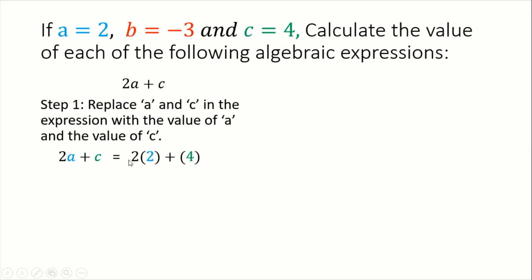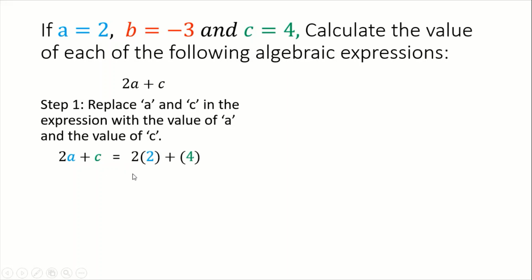So you start off with your 2. Instead of writing back A, you're going to substitute 2 for A, meaning that you must replace A with 2. So that's what I did here. Put back my plus sign, and then I must replace the letter C with the value of C. So I replace C with 4 there.